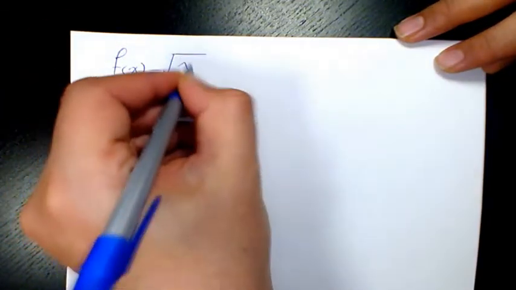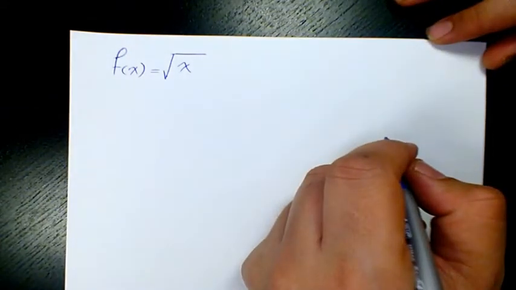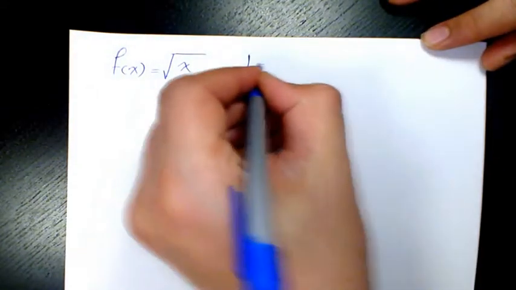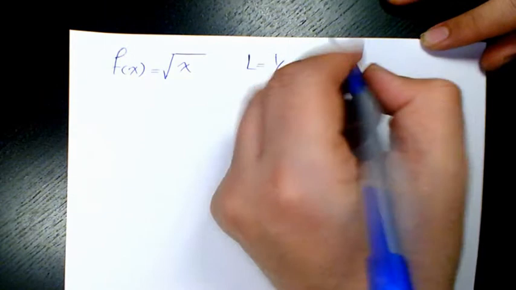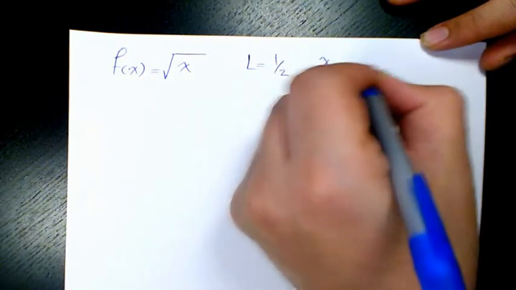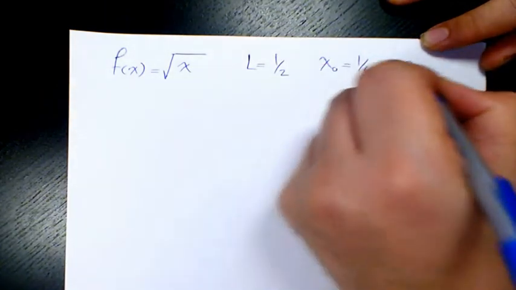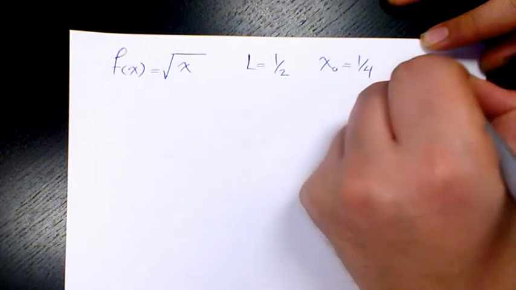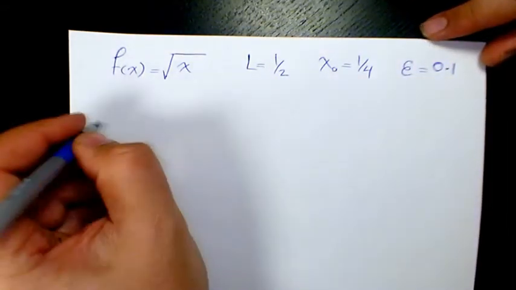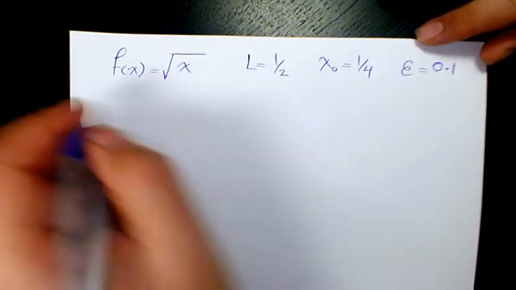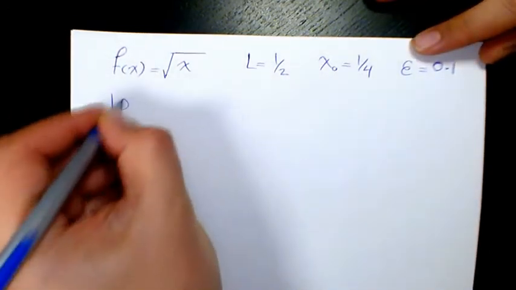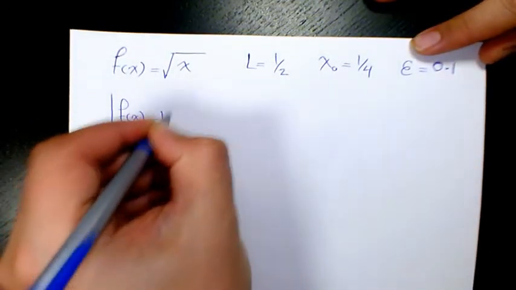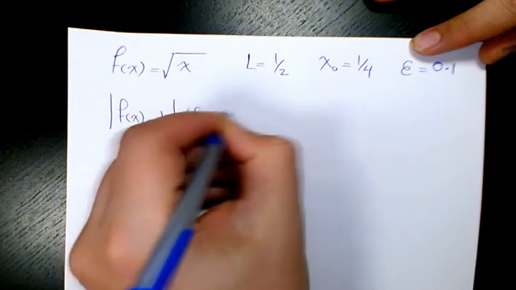Next example, f of x equals square root of x, then L is 1 over 2, x naught is 1 over 4, and epsilon is 0.1. So the first thing, absolute value of f of x minus L has to be less than epsilon.